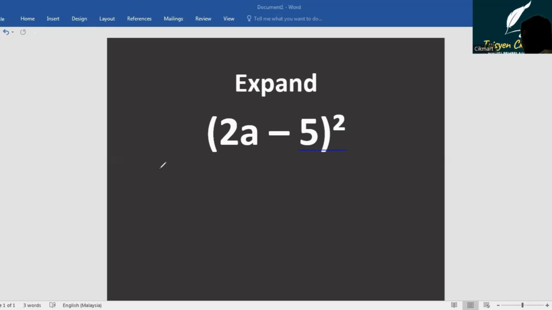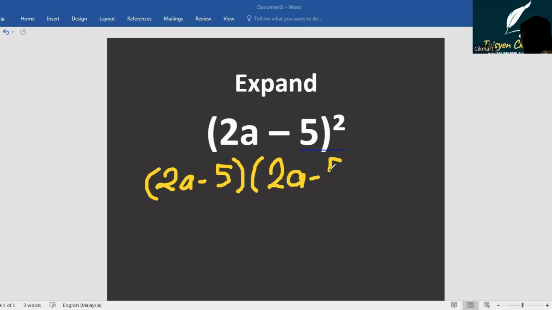So it will become (2a - 5)(2a - 5). First we do this first. 2 times here, because square always means multiply the same number 2 times. For example, 4 squared is equal to 4 times 4. So this one equal to this.